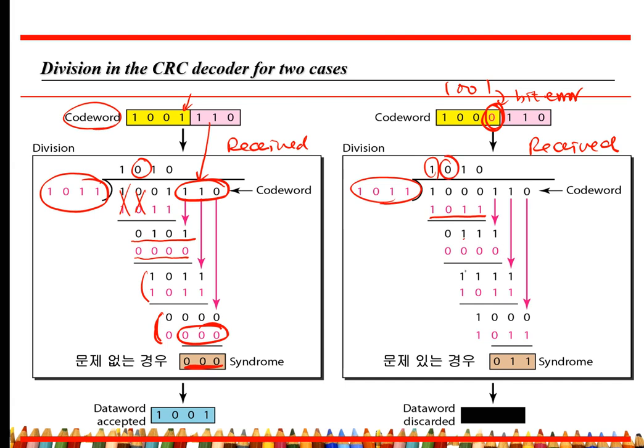And then 111 and nothing. Okay, 1011. In this case, 1011 here, and then same 0, same 0, 1, 0. So finally the syndrome will be 0, 1, 1. That means there's some error. So we may discard this frame, or we may request another frame to be retransmitted.